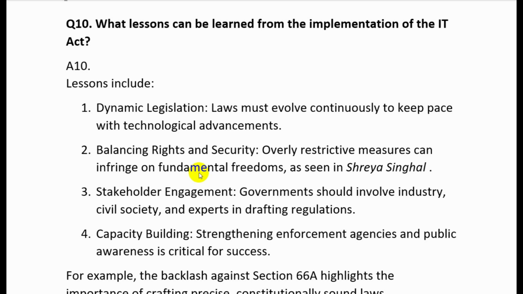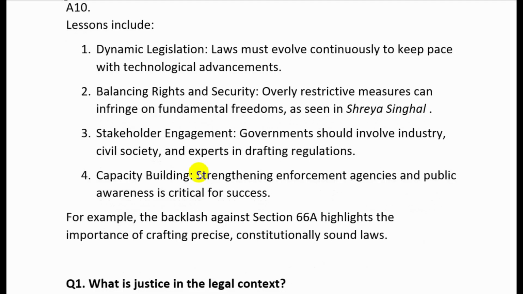Third, stakeholder engagement. Governments should involve industry, civil society, and experts in drafting regulations. Fourth, capacity building. Strengthening enforcement agencies and public awareness is critical for success. For example, the backlash against Section 66A highlights the importance of crafting precise, constitutionally sound laws.